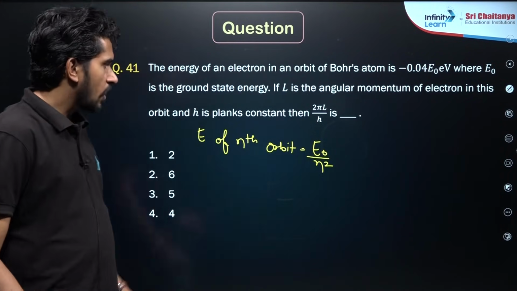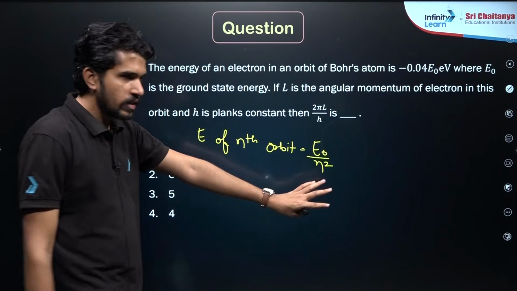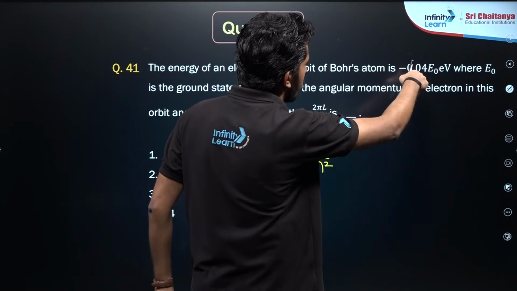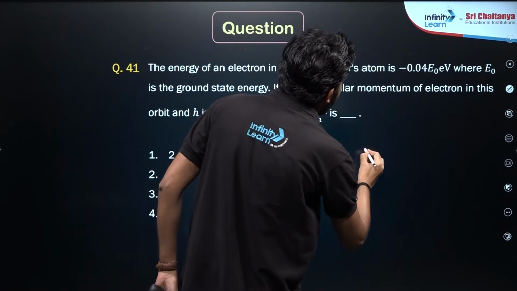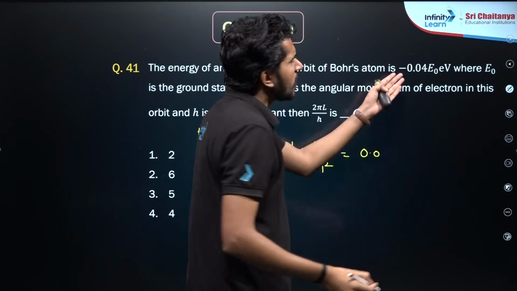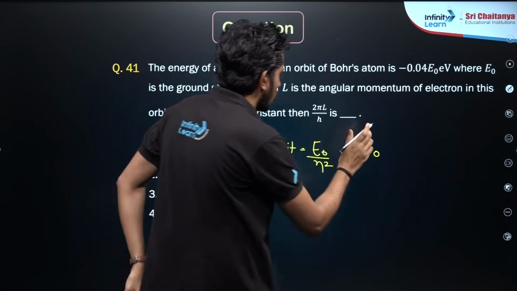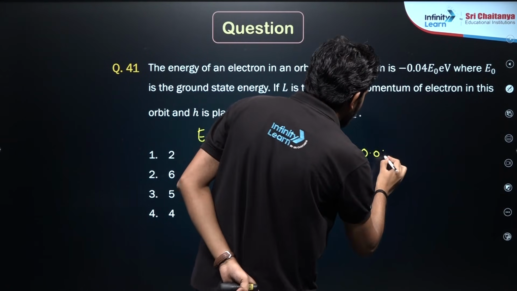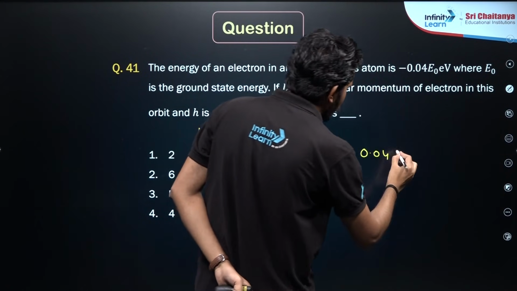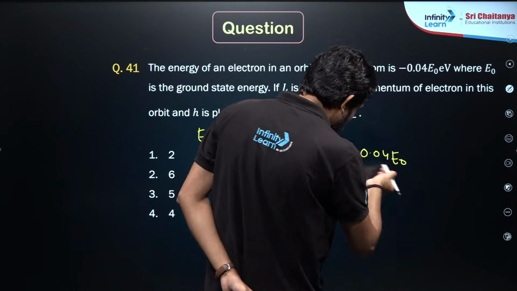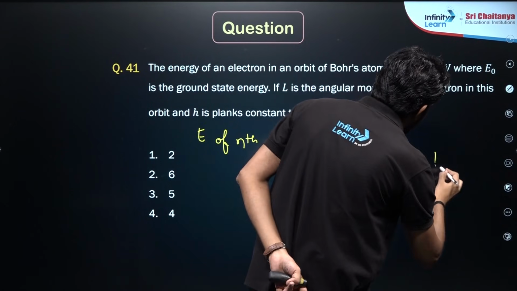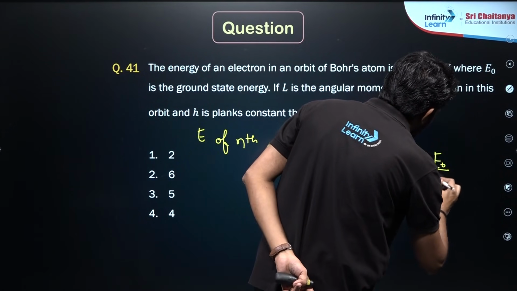Simple thing. And in the nth orbit the energy is given, that is minus 0.04 E naught. Why minus sign? Because the electron has a negative sign. That means E naught by 25, right?